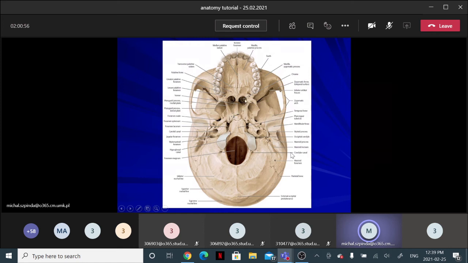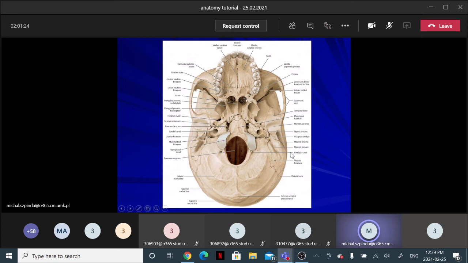And just here, we can see two openings leading from the nasal cavity to the nasal part of the pharynx. These openings are called just choanae, one choana, two choanae.